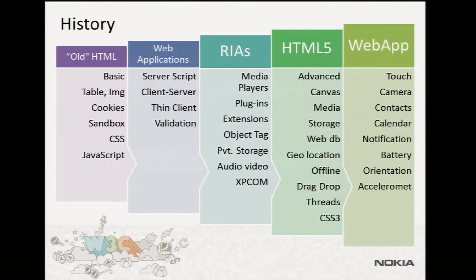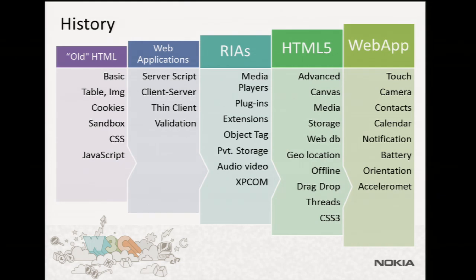So before we move into technical challenges, let's take a look at the history of web apps. I'm not going to go into details of each of them, but it all started with HTML. You have some basic tags. Then there was a time when web applications were the dominant internet-based applications.